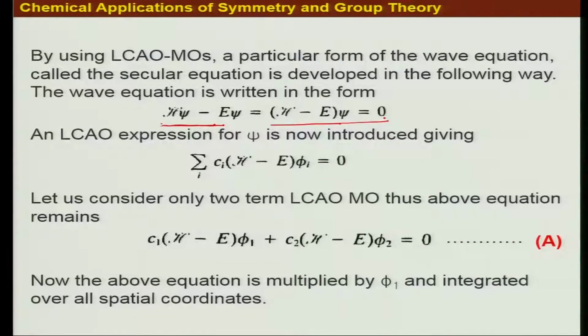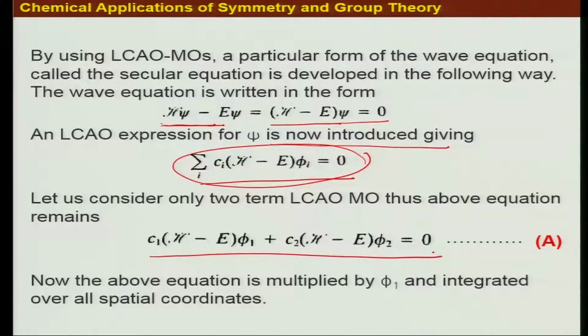Now the LCAO expression for psi, that is the molecular orbital, is introduced into this expression. Now if I consider only a two-term LCAO MO in the above equation, what I get is this, because I am considering i to be 1 and 2.